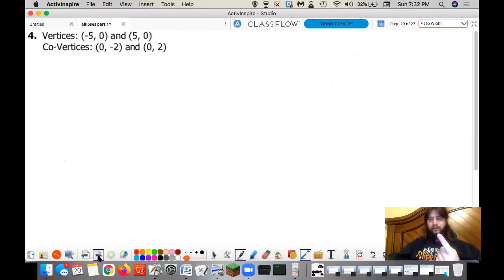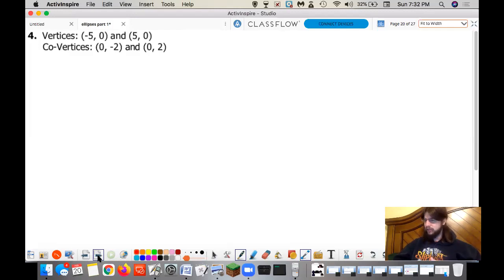We need the center, we need a, we need b. Well, we can figure out a and b because the distance of the major axis between one vertex and the other is 2a, and to get b, it's 2b from co-vertex to co-vertex.